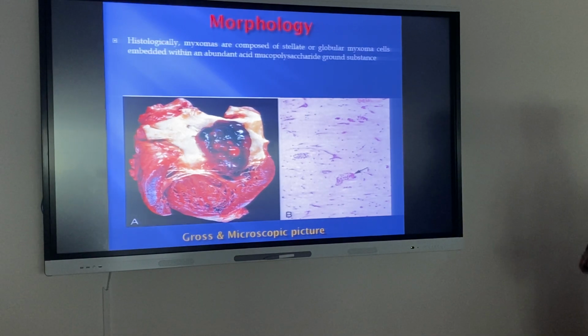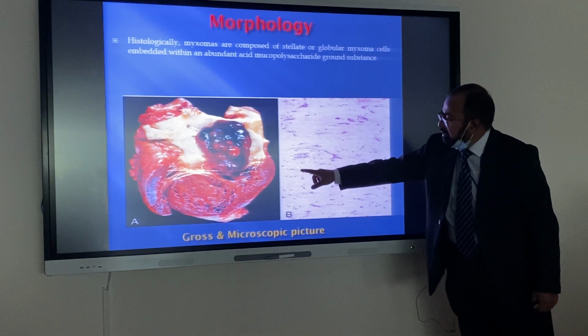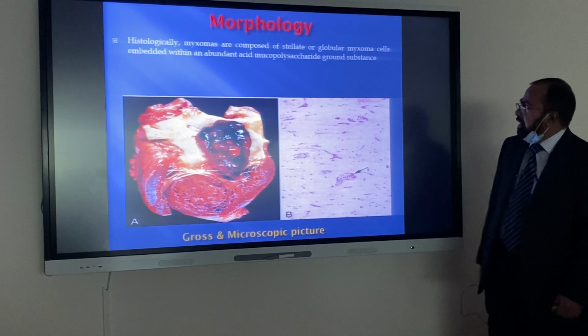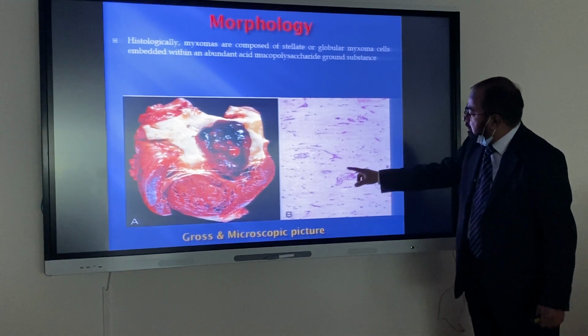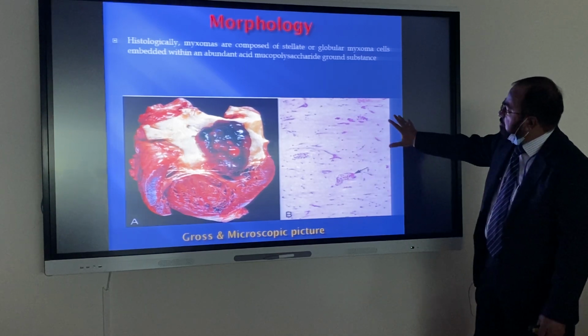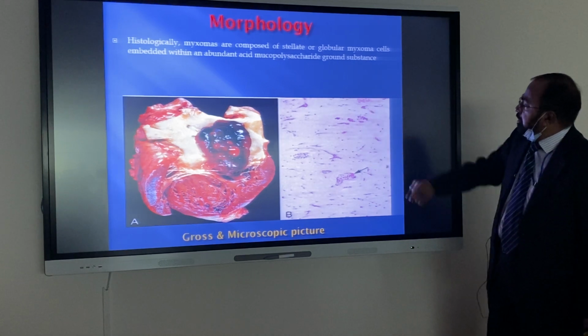Now microscopically, there are stellate shaped cells like this one, this one, this one. These stellate cells are scattered in an abundant mucopolysaccharide matrix.